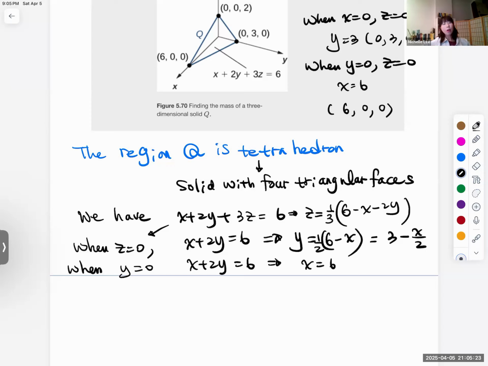So we are using this limit, and the lower limits will be all zeros. So let's set it up.